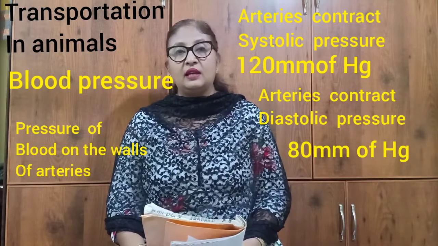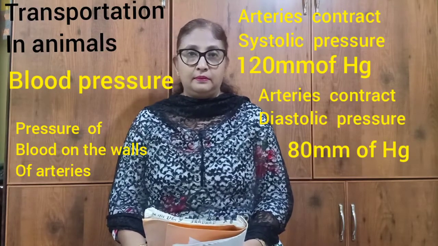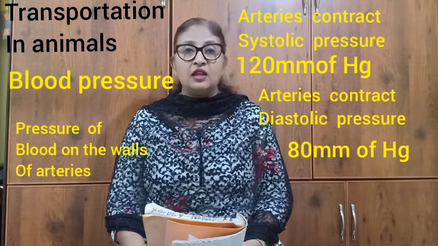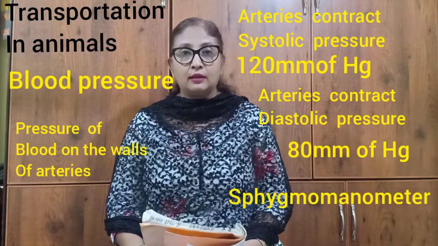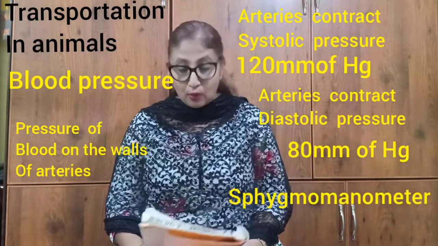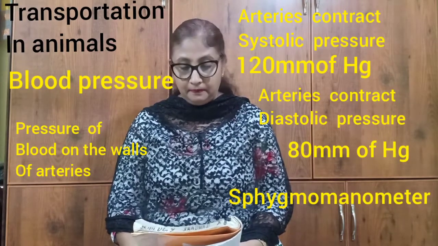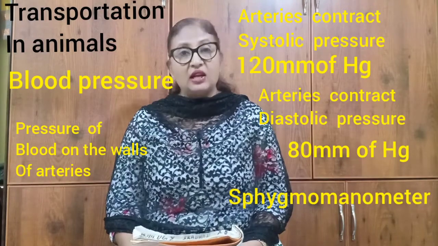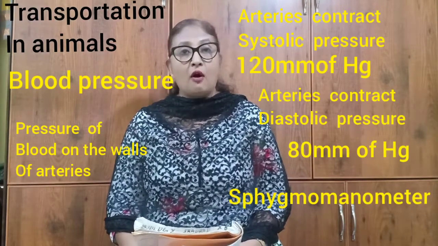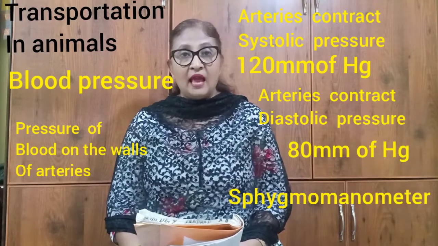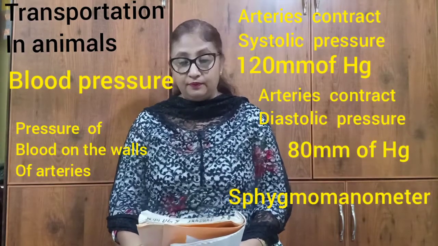High blood pressure is otherwise known as hypertension, and the instrument that is used to measure pressure is known as sphygmomanometer. Hypertension is caused due to the constriction of arterioles, and thus it hampers the blood flow.